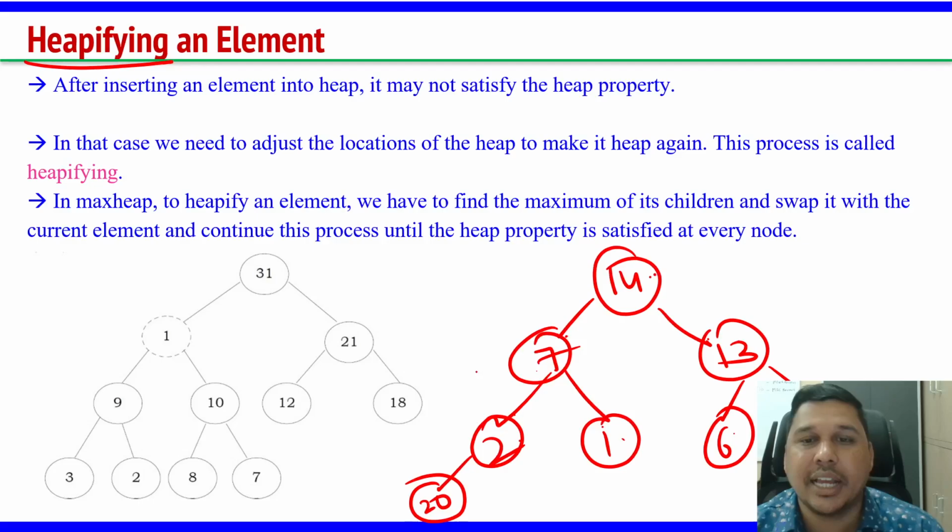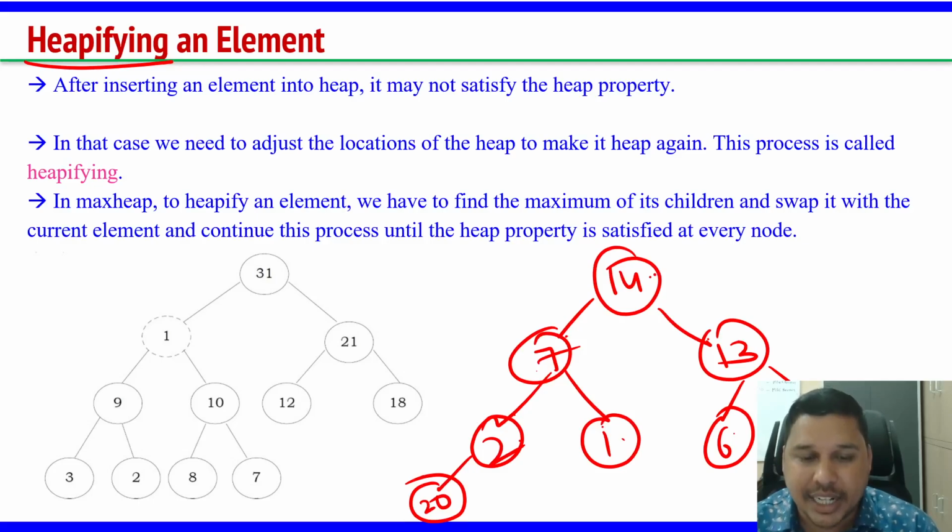What is heapifying? After inserting an element or deleting an element, if the tree violates the rules of heap property or does not satisfy the heap property, then you have to heapify the tree, which means bringing it back to a max heap logic.